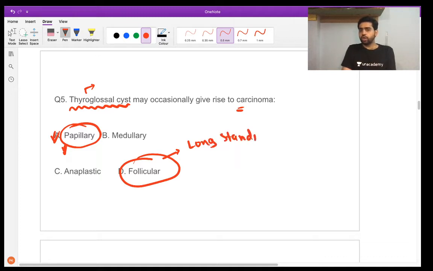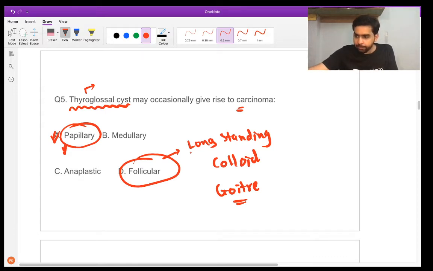Follicular carcinoma can occur in a long-standing colloid goiter, and papillary carcinoma can occur in a long-standing thyroglossal cyst. So these two are important. Please remember this.